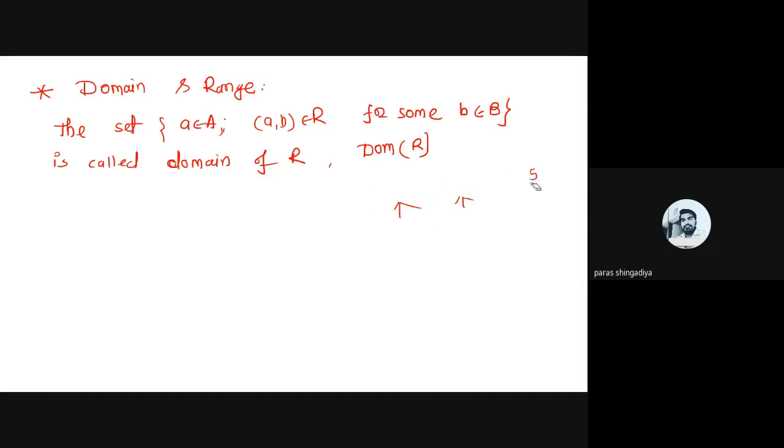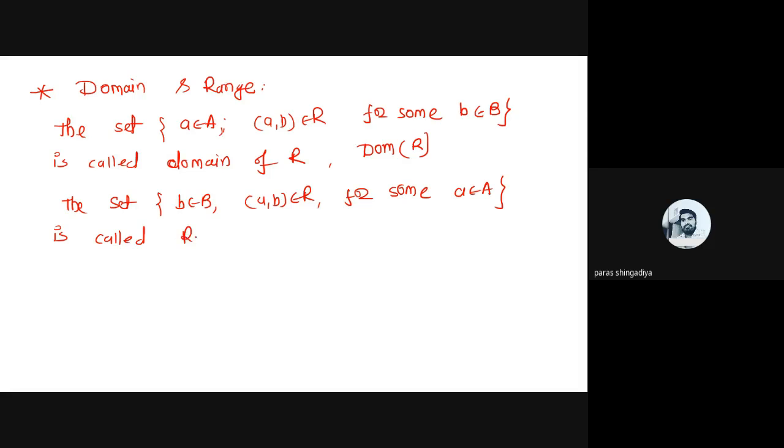And after that, the definition of range. The second entry means the b element. The set of all b belonging to B, for the pair (a, b) belonging to R, for some a belonging to A, is called the range of R. A simple definition that is easy to understand.